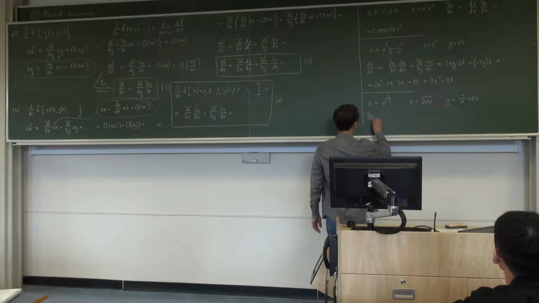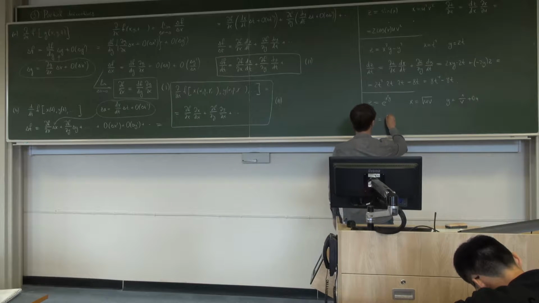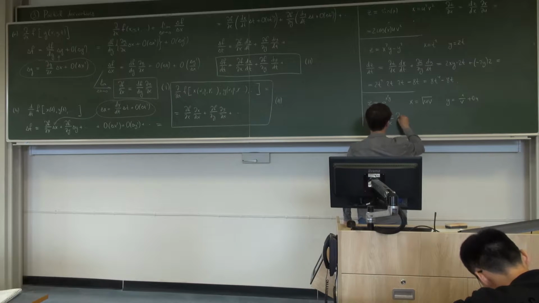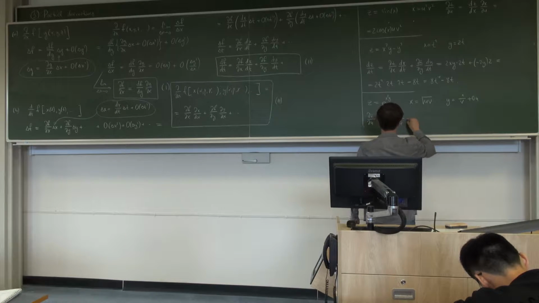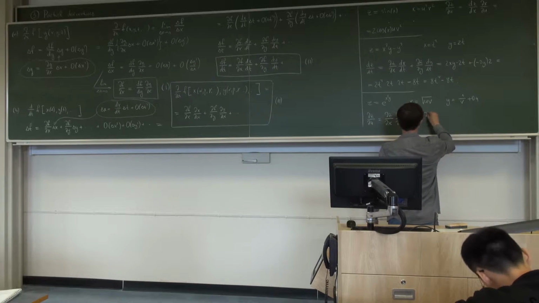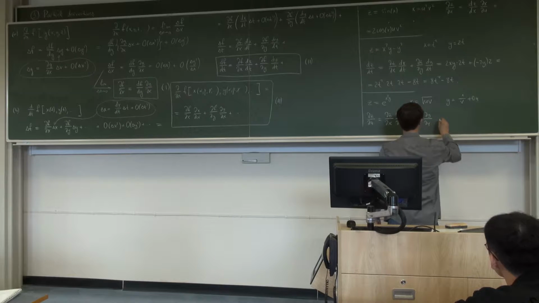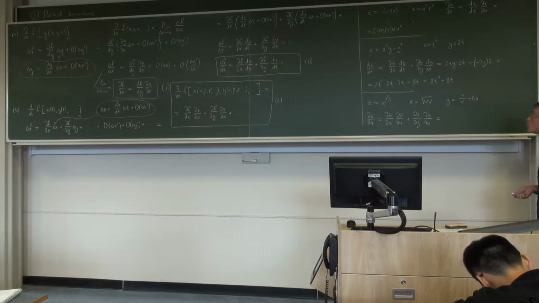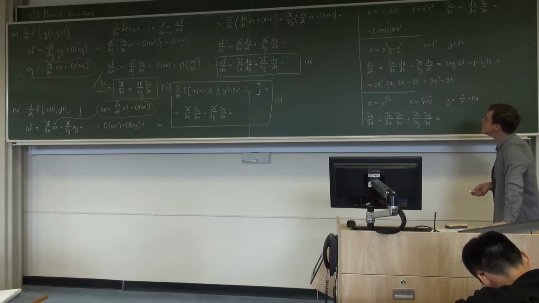dz by du, well, the usual: dz by dx times dx by du plus dz by dy times dy by du. Individual derivatives are not necessarily easy in this case, right?